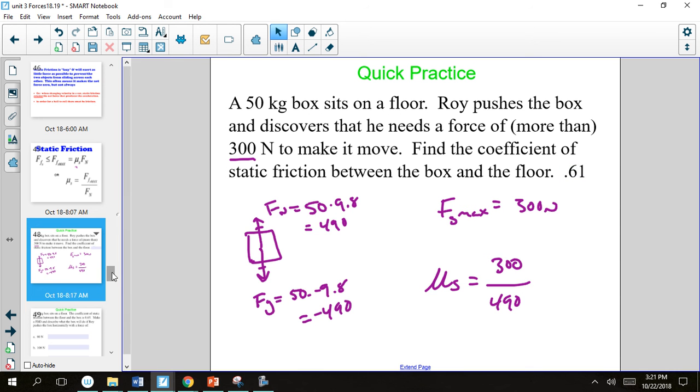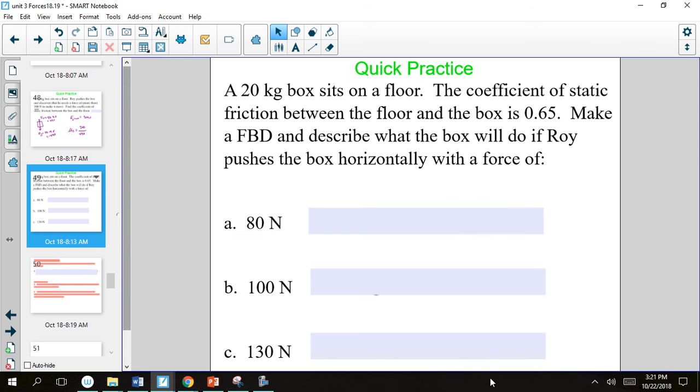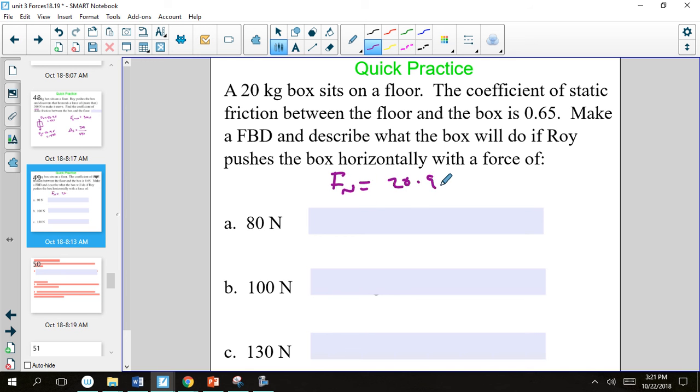All right, now let's look at this example over here. Let's say we have a 20 kilogram box. It's sitting on the floor. The coefficient of static friction is 0.65. So again, what you're going to do is figure out the normal force. Normal force should be equal to 20 kilograms times 9.8. It's just sitting on the floor, so it's directly opposite of what the force of gravity is.